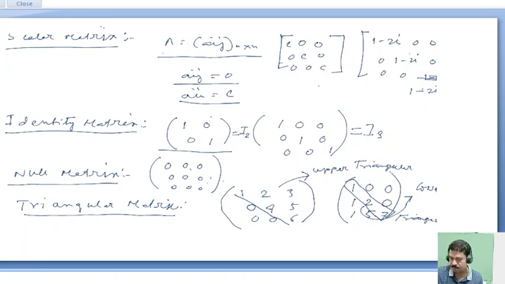Now we come to the next definition, that is equality of matrix.